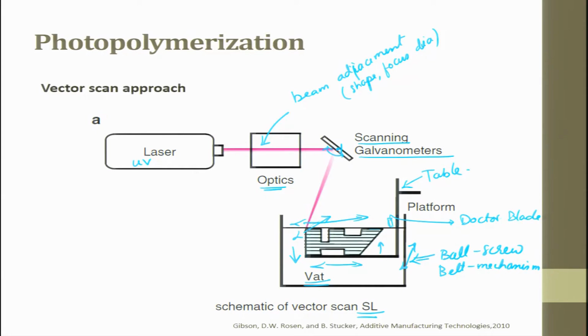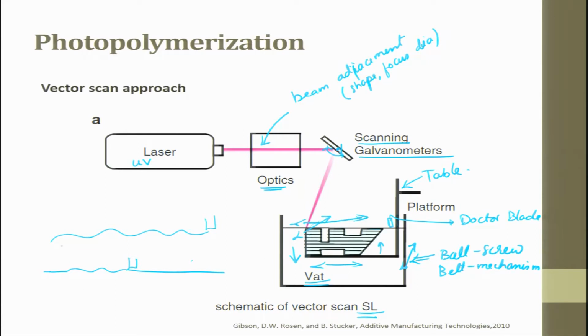This will make sure that the layer thickness height is uniformly maintained along the surface, because in a liquid you will always have wrinkles or wave patterns. This has to be nullified by a knife. So when you move the knife, all the wave pattern which is there will be removed, and you have a smooth surface on top of which the laser hits.